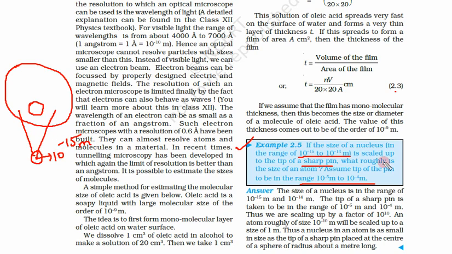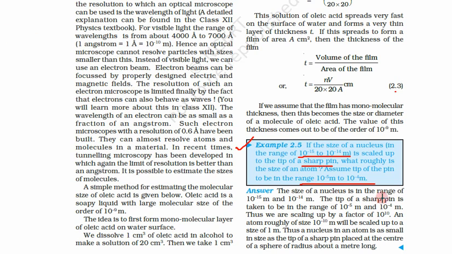After magnification we are getting 10 to the power minus 5 meter. The size of the atom is 10 to the power minus 10 meter. So how big do we see the atom? This is the question. We are magnifying, so first we have to see what the magnification is.